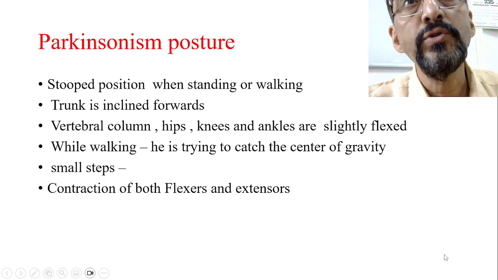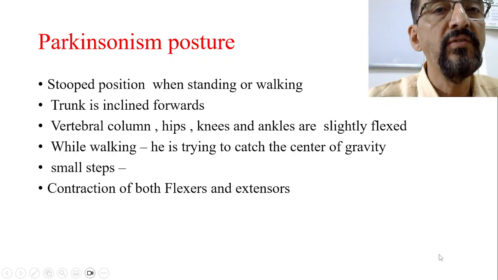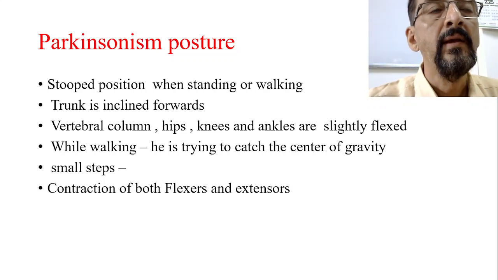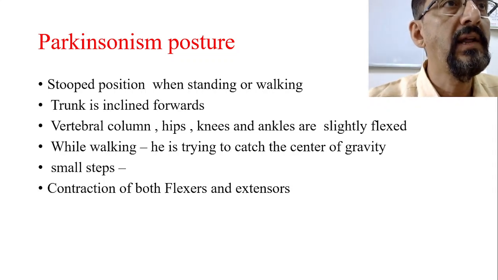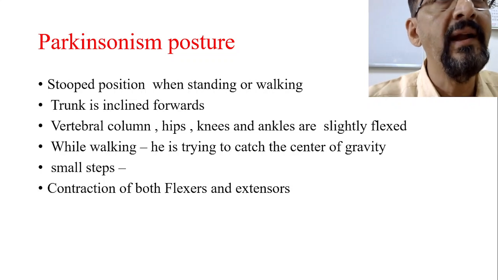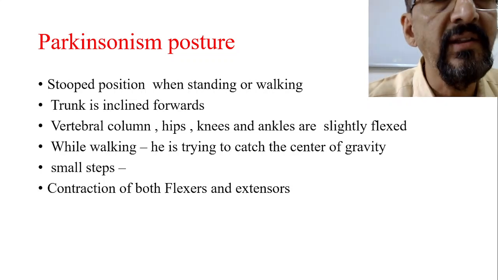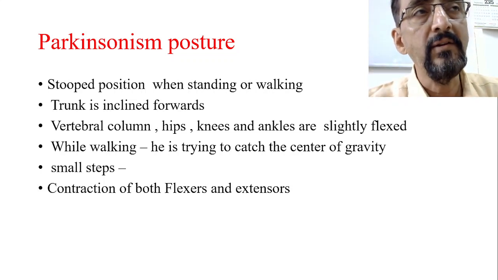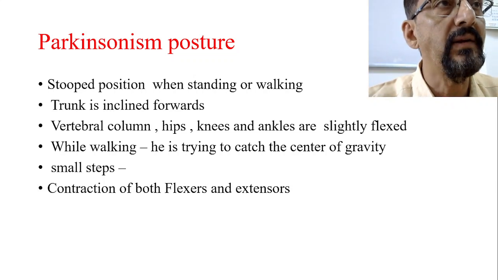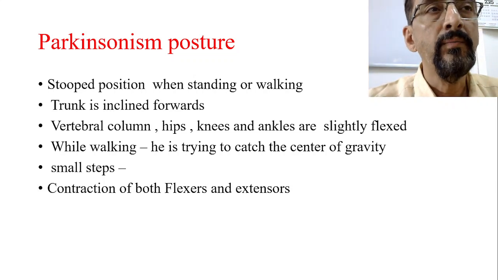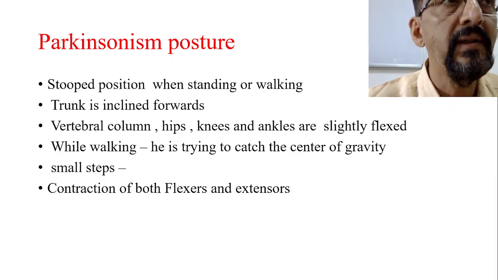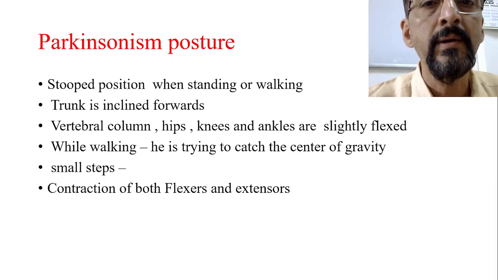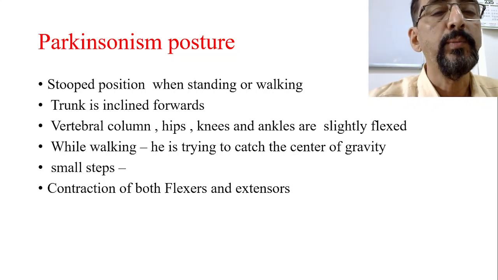One more important posture which we come across is the Parkinsonism posture in adults usually. This is nothing but a stooped position when standing or walking. Standing and walking, he is always inclined forwards because he is trying to catch the center of gravity. To maintain that center of gravity, he is always in the inclined, stooped position.